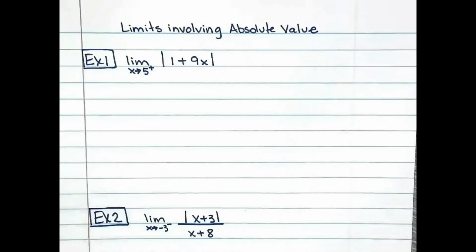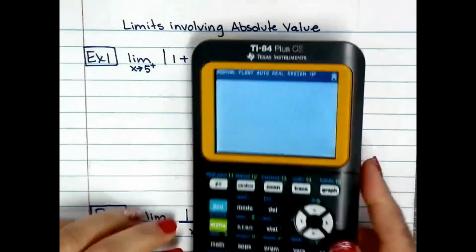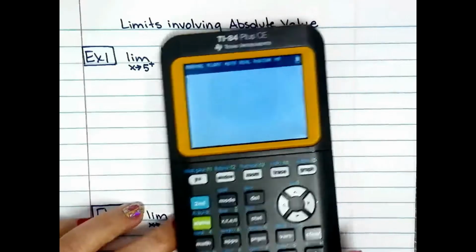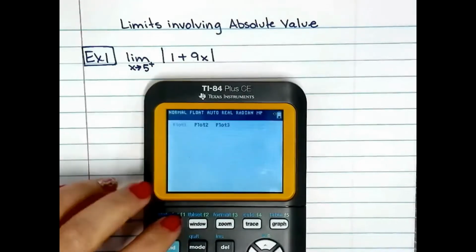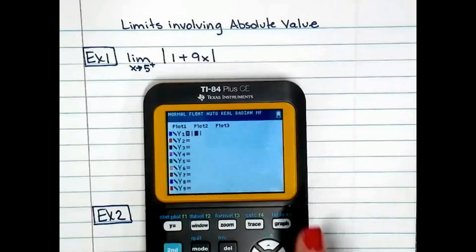Okay, so just think about what the absolute value function is. I'm going to get my handy dandy graphing calculator here. I'm just going to graph it for you. So here is the parent function.